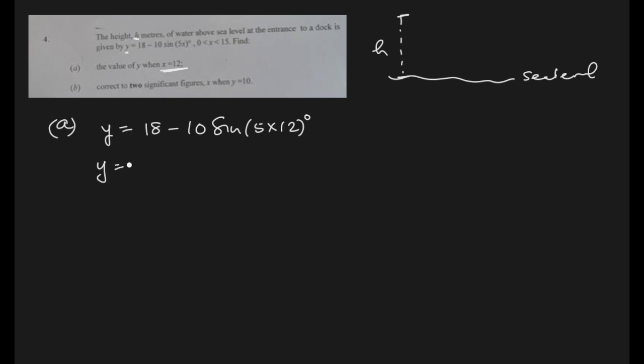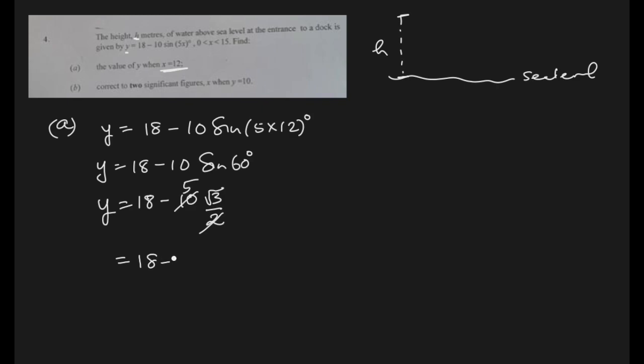So y equal to 18 minus 10 sine 60 degrees. Use your calculator. You'll find that this sine 60 is square root 3 over 2. We'll cancel 2 and 10. So it becomes 18 minus 5 square root 3.